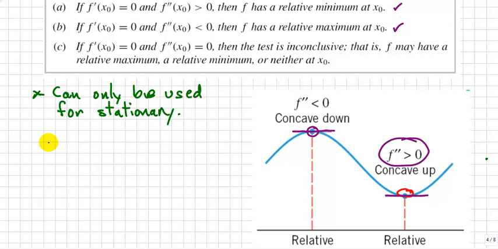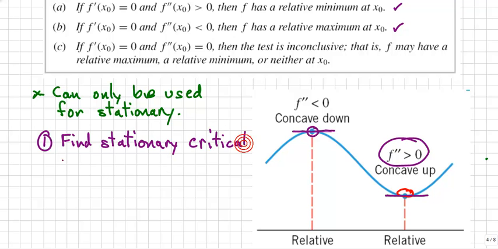So for this, I guess there's two things basically we're doing. One, find stationary critical points, basically by setting the first derivative equal to 0, those values that make the first derivative equal to 0.